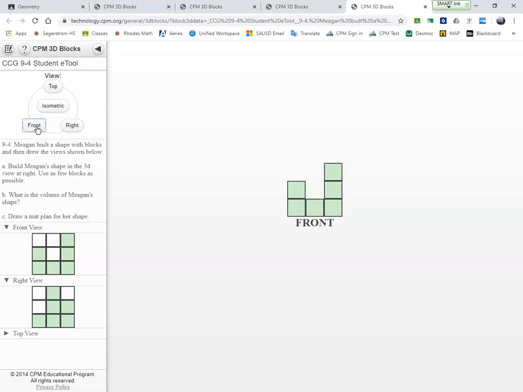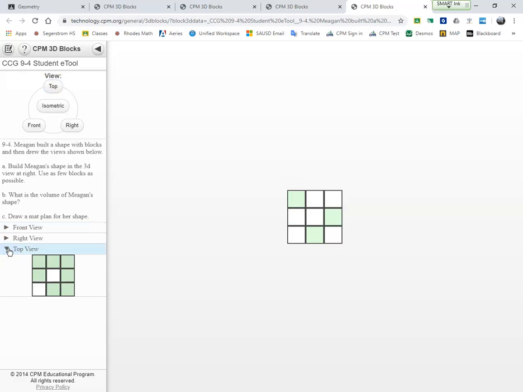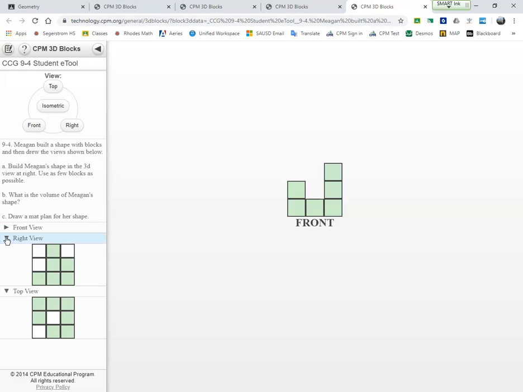So now let's try to make sure that the top view actually matches. And apparently we got some hidden blocks somewhere. So that's always kind of a crazy deal, but we do not have this. So again, our front view matches. Our right view matches.